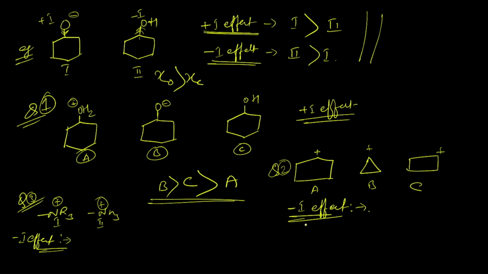See, one concept is there. If the ring size is getting decreased, what will happen? Your electronegativity is getting increased, right? If ring size decreases, electronegativity increases. Hence we can write here, the ring size is decreasing. B is more, we can say that it has the smaller ring size.